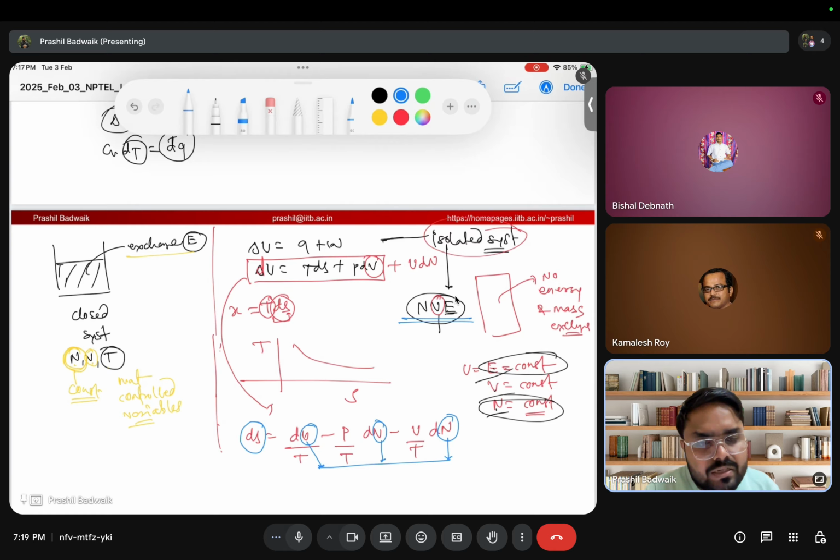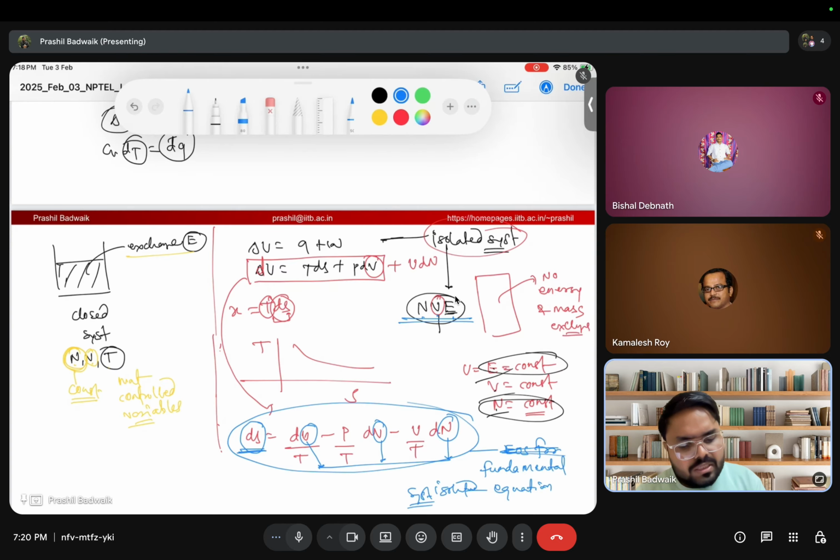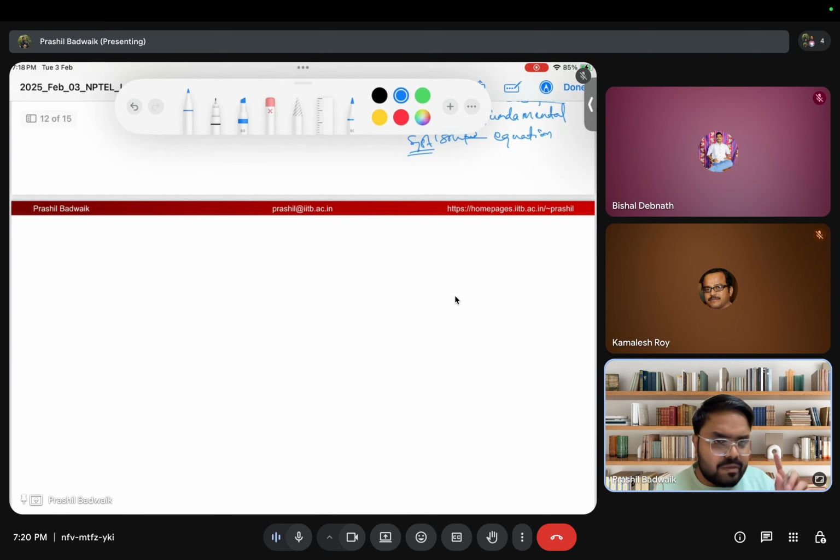Then we also learned about what is called the Legendre transformation. In a simple sense, I'll explain it so it is easier to understand. If I write y equals mx plus c, slope, what is happening? I am representing the line using y equals mx plus c, correct? I have some data x, I have some data y.